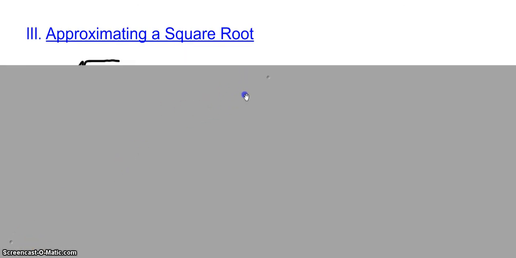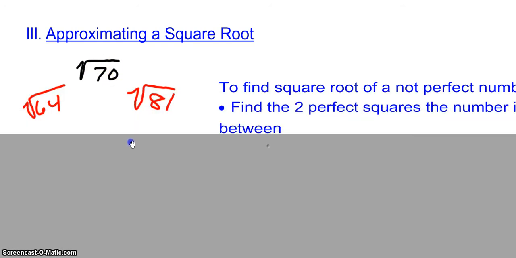Excellent. Our final question today is, how about approximating a square root of a non-perfect square, like 70? How can we just give an approximate value for the square root of 70? Well, to do this, we are going to estimate what 2 perfect square numbers 70 falls between, okay? And 70 falls between the perfect squares 64 and 81, right? And the square root of 64, we know, is 8, and the square root of 81 is 9.